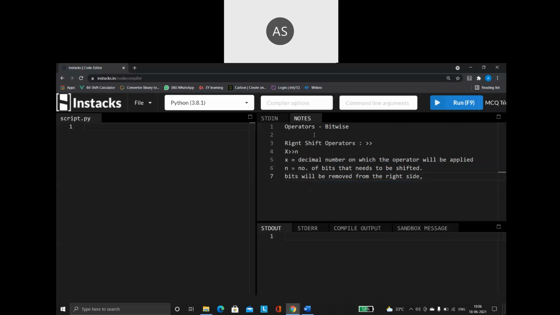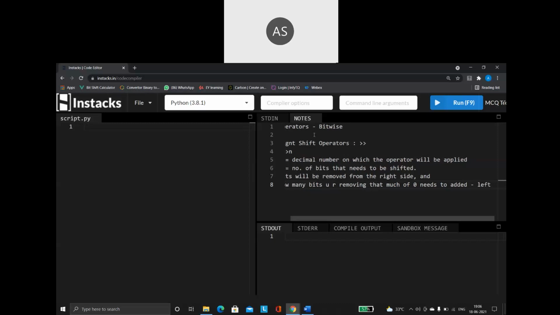Bits will be removed from the right hand side, and however many bits you are removing, that many zeros need to be added. And where will you add them? You're removing bits from the right hand side, so you will add the zeros on the left hand side.